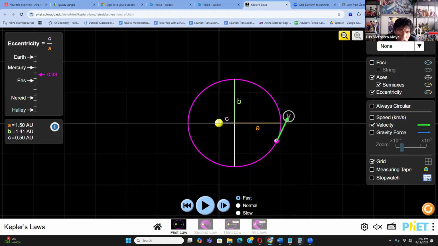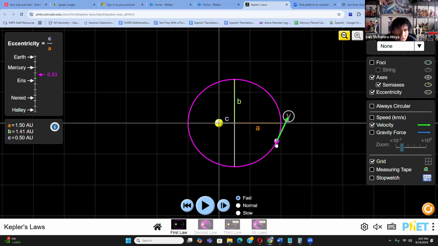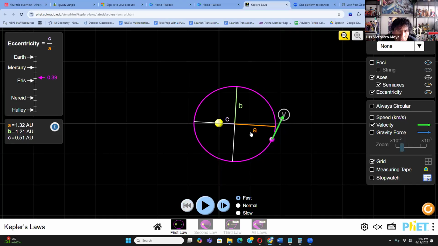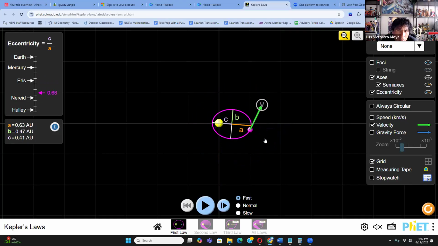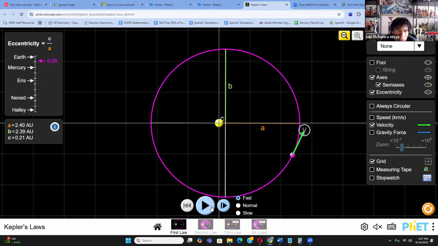So the first questions are more about what you can observe, like some actions you can do here. Some suggested actions are making it closer, pushing it farther, pulling it farther, and seeing what happens with the planet as it orbits the sun.